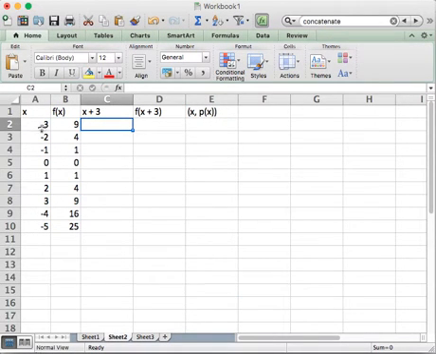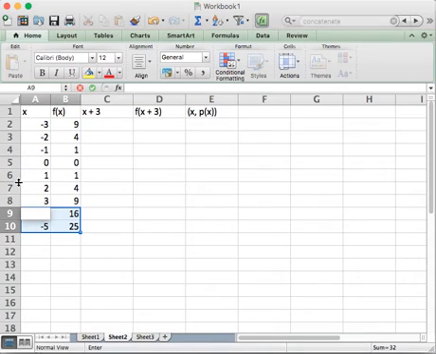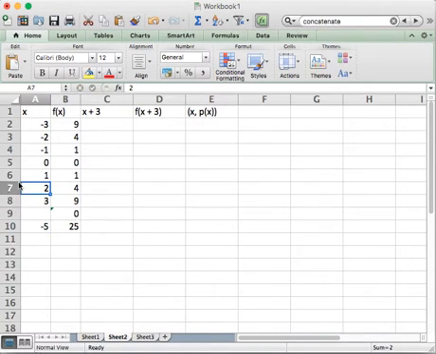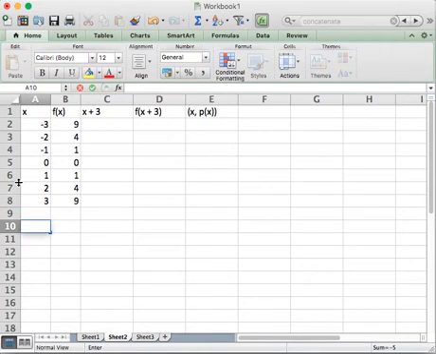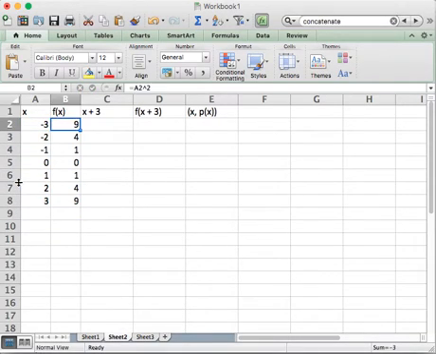So ang gagawin natin, ipa-plus natin yung 3 sa lahat ng values dito. Sa Excel, pwede mo yan gawin. Dito lang muna tayo sa negative 3 up to 3.